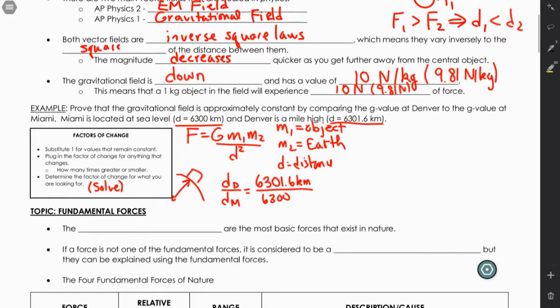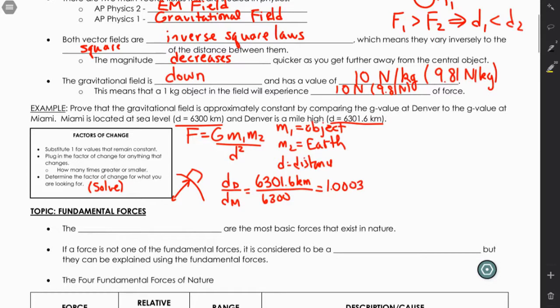We get the ratio that these radii are apart, which is a value of 1.0003. I'm going to carry that far out just so you can see how this method works.